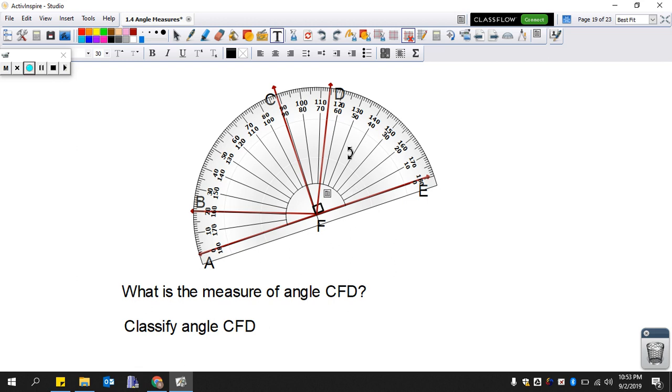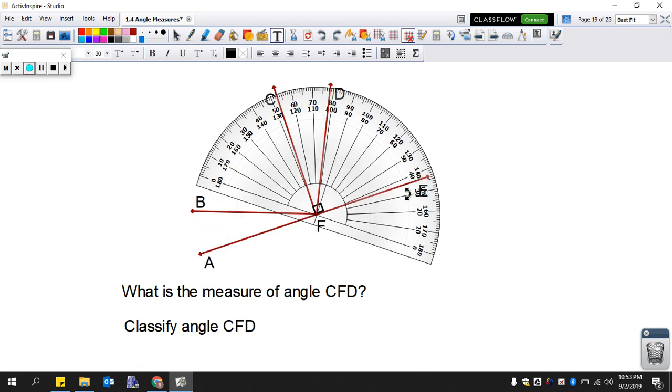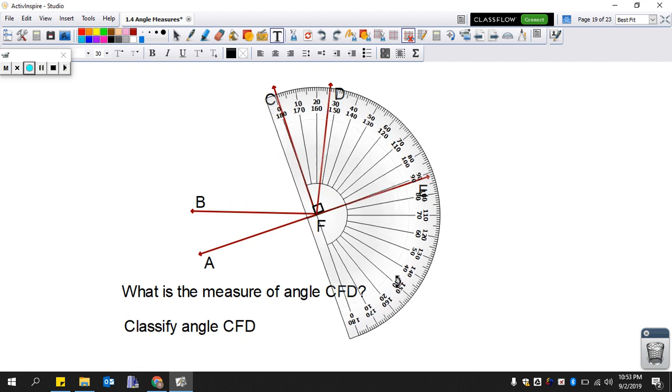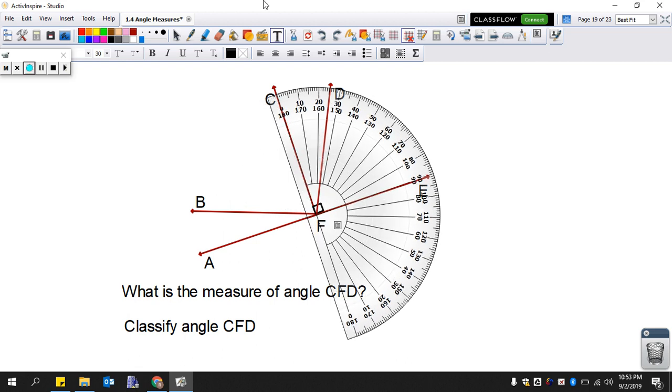So we just swing this around to where that lies, and I put the baseline on CF. We could have swung it the other way around, but we see that CFD is at 25 degrees, which would make it an acute angle.